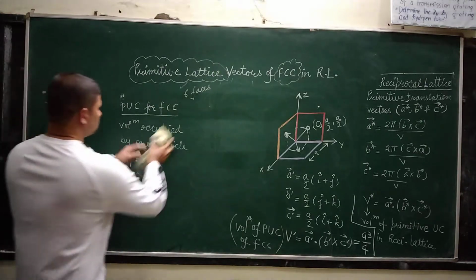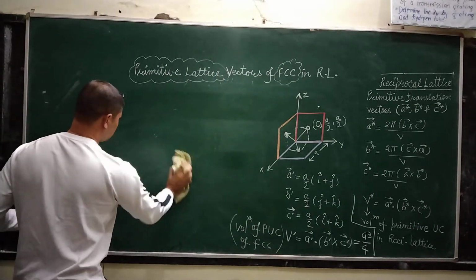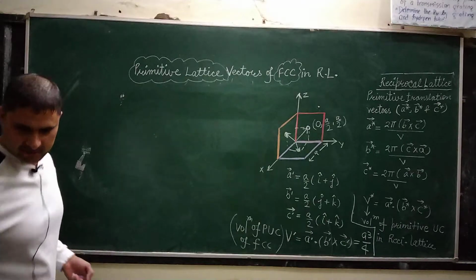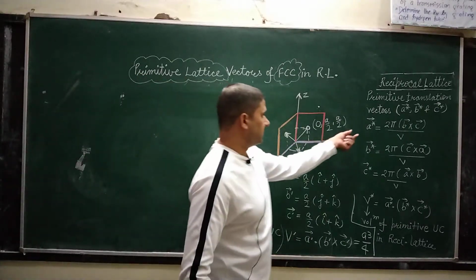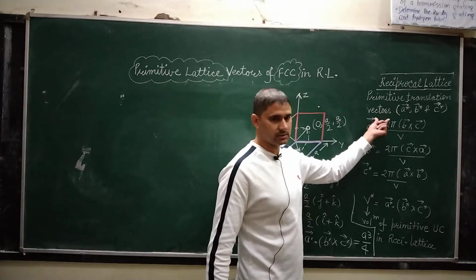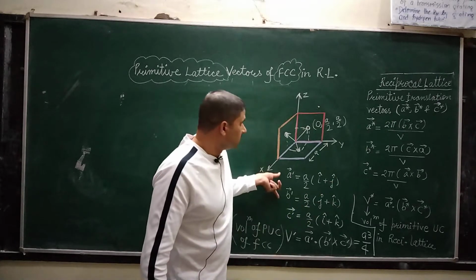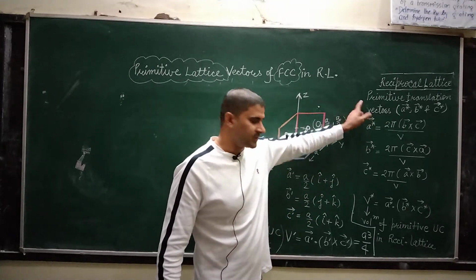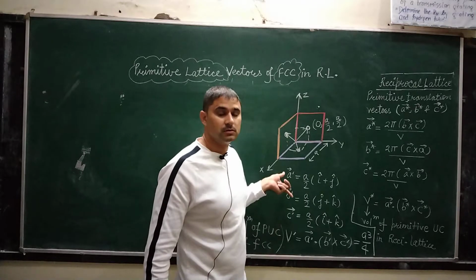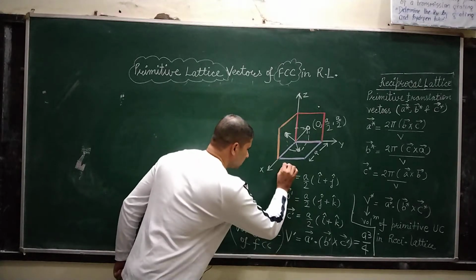Now I am moving on to the next thing, that is finding the primitive translation vectors in the reciprocal lattice, using these primitive vectors in the direct lattice.